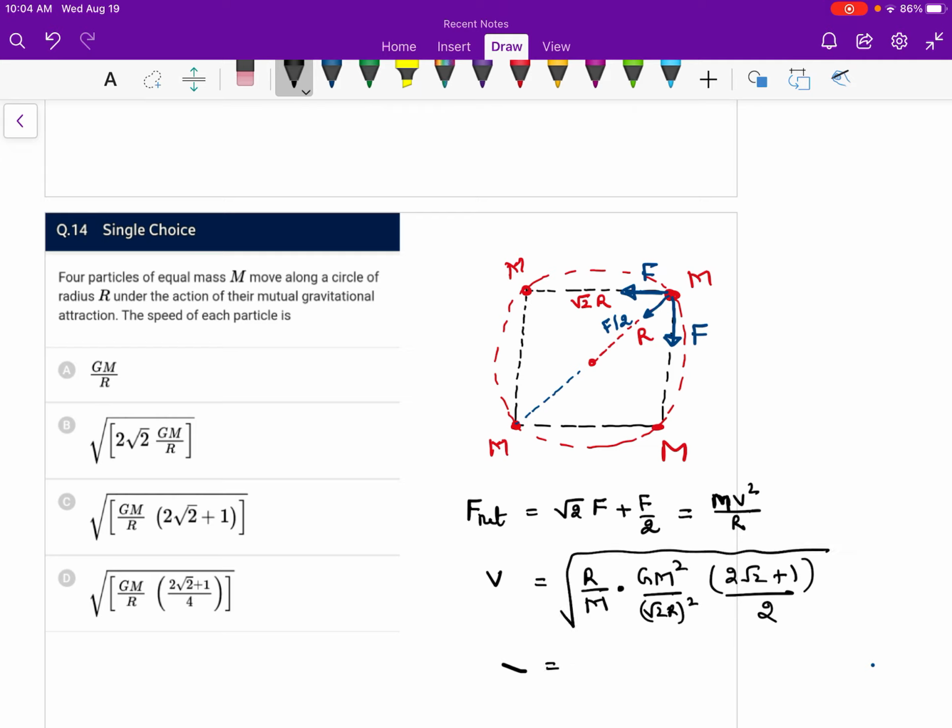So this is Gm by r, and in the denominator we have 4. So (2 root 2 plus 1) by 4, whole under root. So D is the correct option.